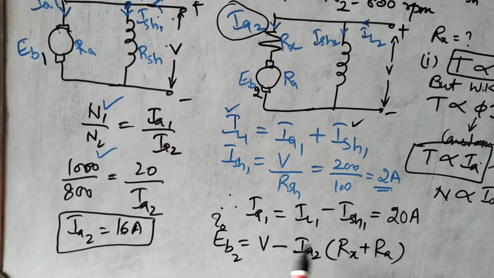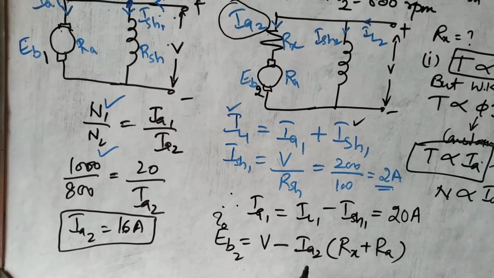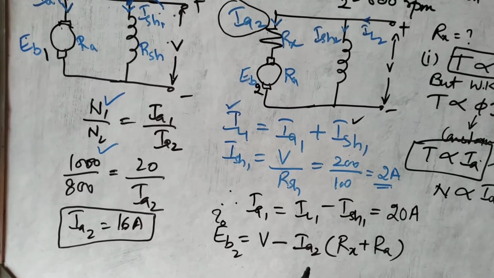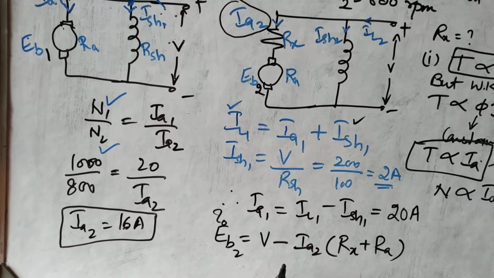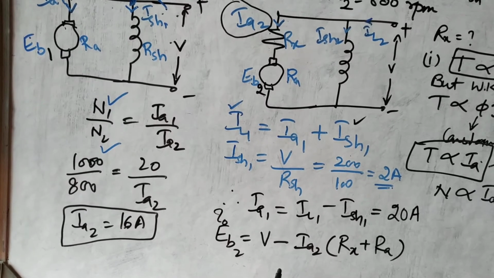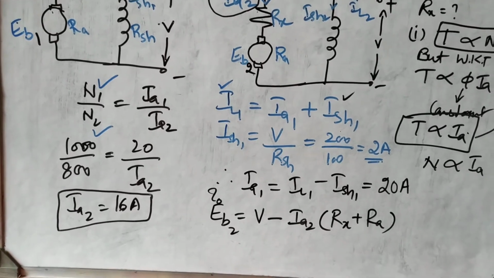Let it be like that only. Now we will make use of the speed relationship so that we can solve for the Rx value. So what is that? Realize the speed equation.